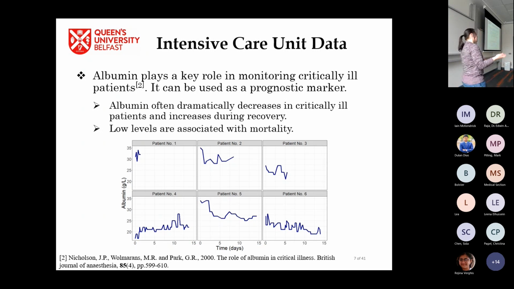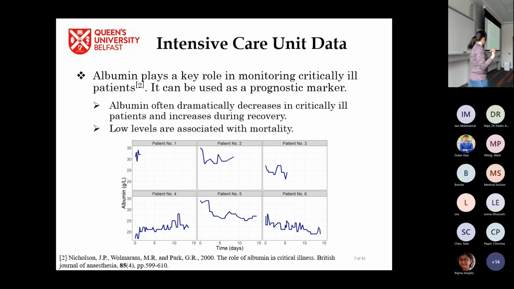And if patients have low values of albumin, that tends to be associated with higher mortality rates. So we're going to look at this as an initial biomarker to see what may be of interest within this data set. But there is a wide range of different biomarkers that we can look at. This is definitely just initial work.